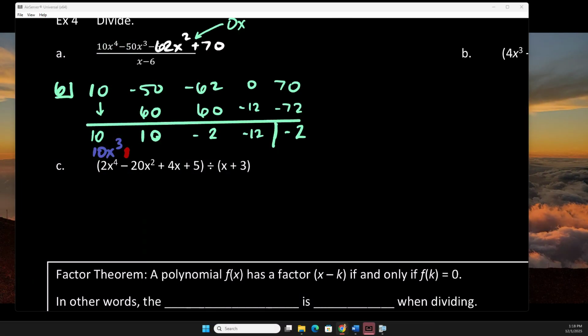All right, and then plus, then the next 10 is 10x squared minus 2x minus 12, then minus your remainder over the divisor, which was x minus 6. Sorry, I had to squeeze it in there. Okay, so the answers look the same as they did the previous lesson. We're still dividing polynomials. It's just a much shorter way to get there.